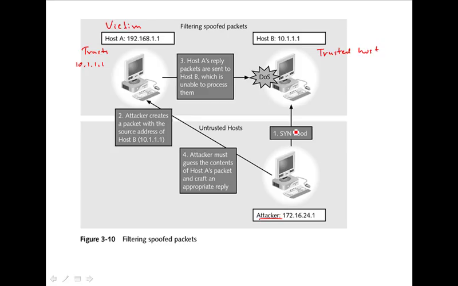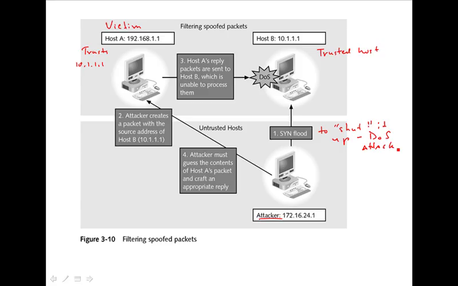So, the first thing the attacker is going to do is send a SYN flood against the trusted host to shut it up. If you remember back when we talked about SYN floods, this is a denial of service attack. So there's actually two attacks going on here. We've got a denial of service attack against the trusted host, and the whole object here is just to shut it up.